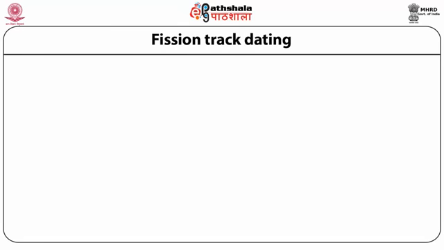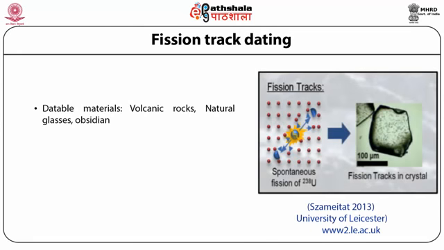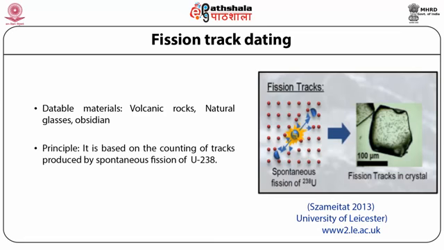Fission track dating. Fission track dating is applied to date rock and stone in which fossils are found, but not directly on the fossil. This method is based on the principle of counting the number of tracks that have been formed when uranium decays through fission, releasing energy and damaging the crystalline structure.